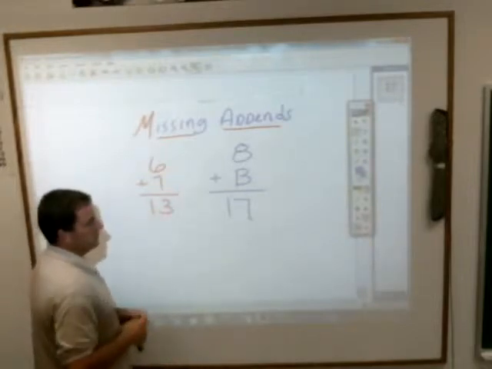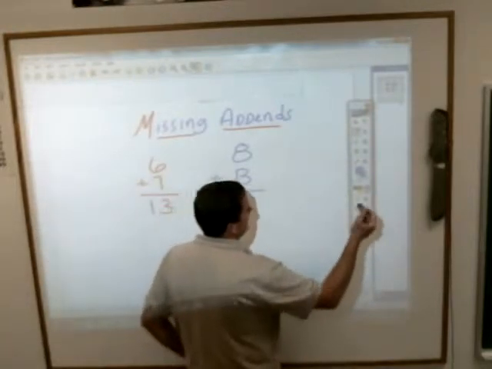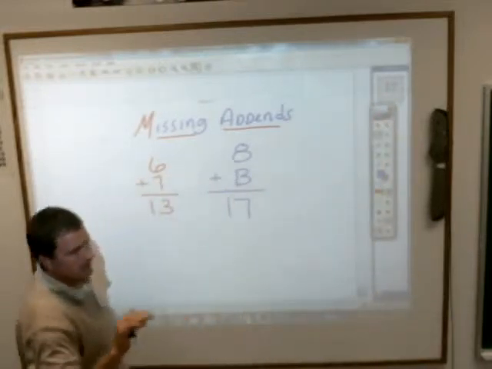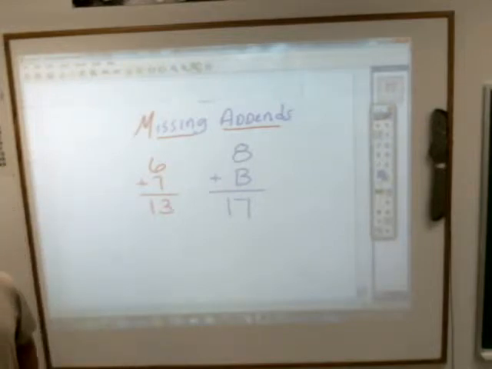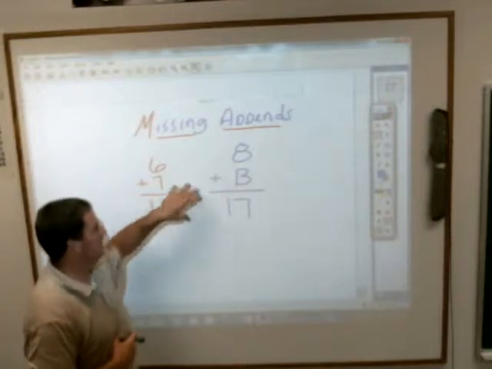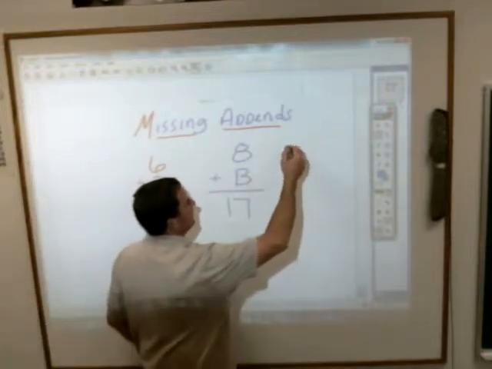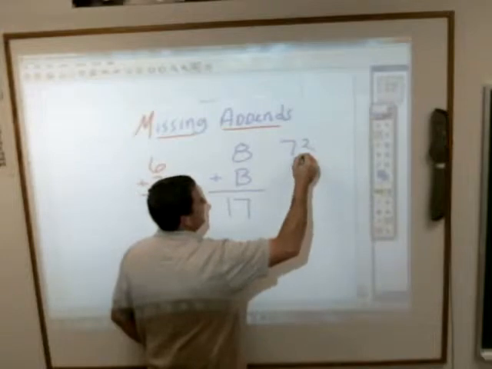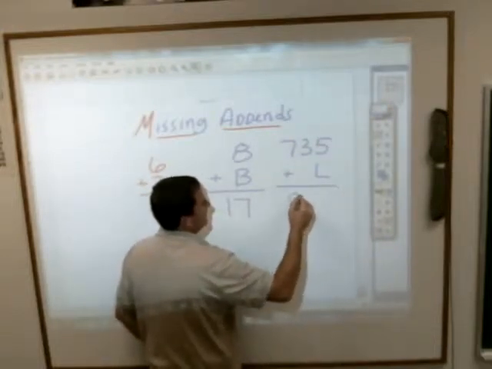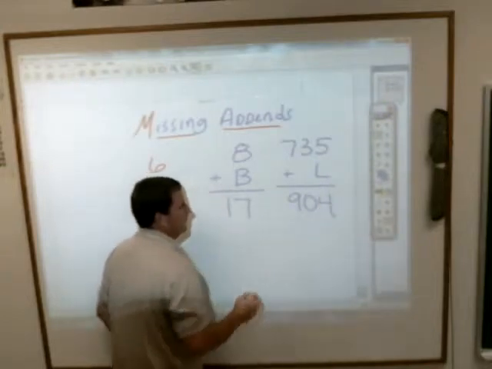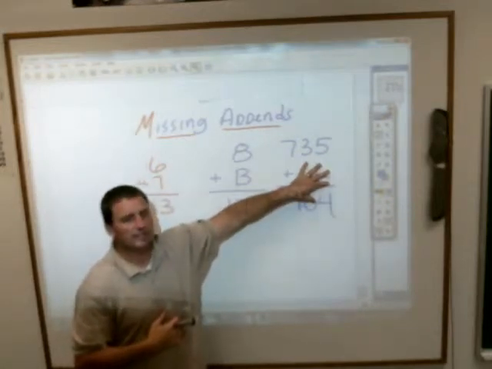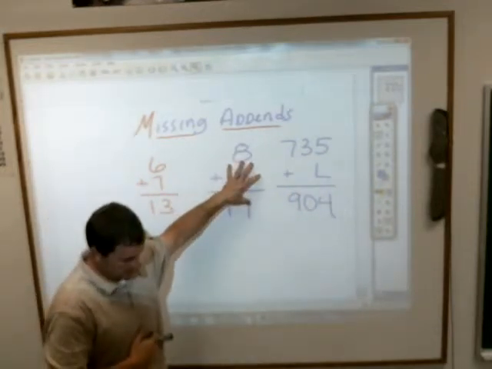However, I'm going to caution you that I need you to write this down, because math is about finding the patterns that solve the problems, so that when you have a problem like this, you can use that to help you do a problem that looks like this. 735 plus L equals 904. Okay. This one here is not quite as easy to do as this one here.